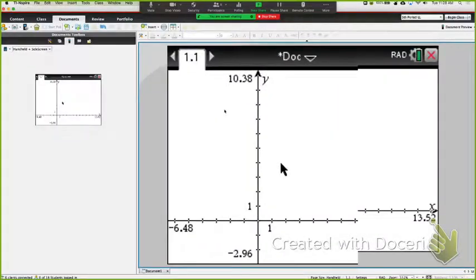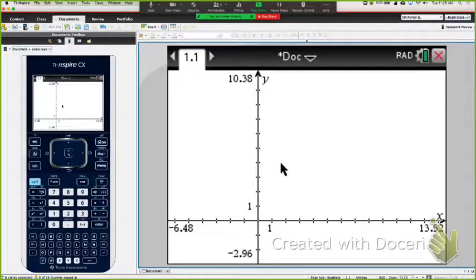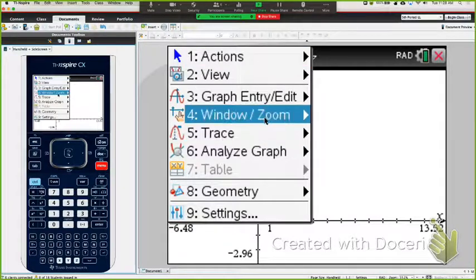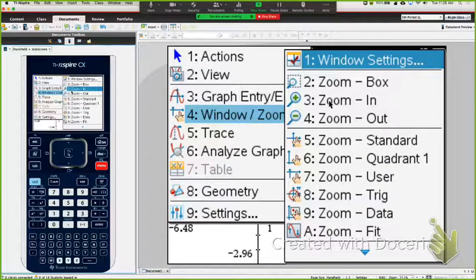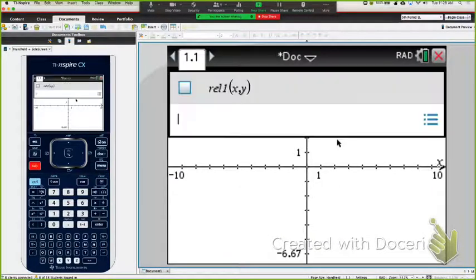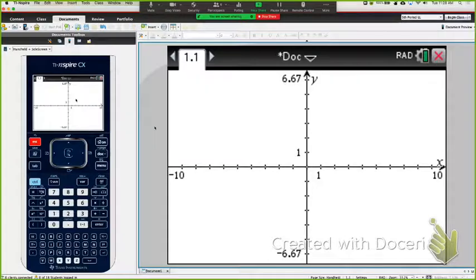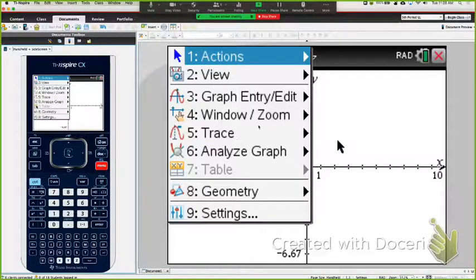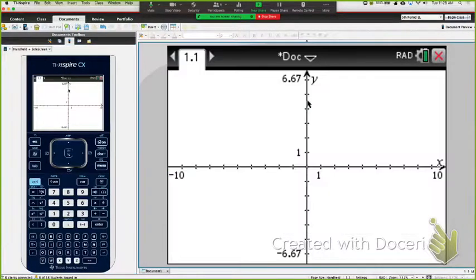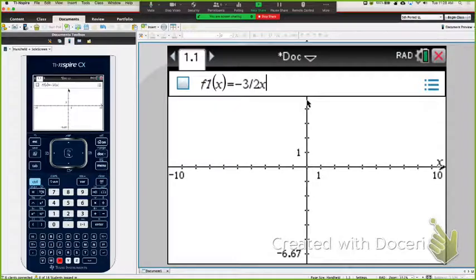There we go. All right. Who solved the first one for me? Y equals negative 3 over 2x plus 80.